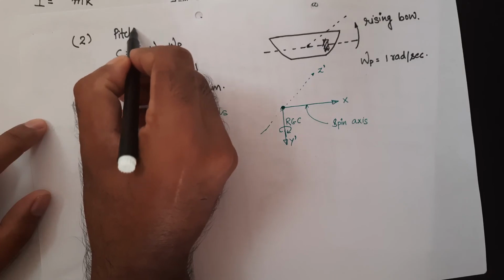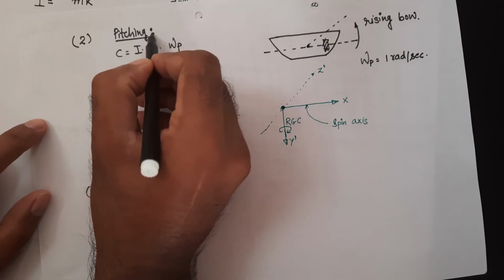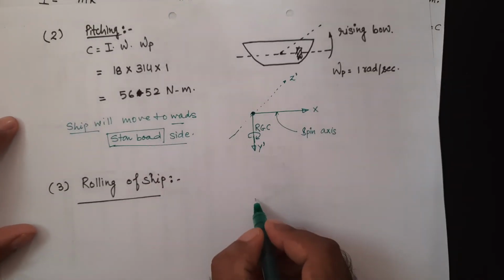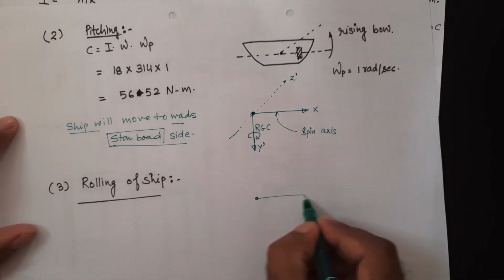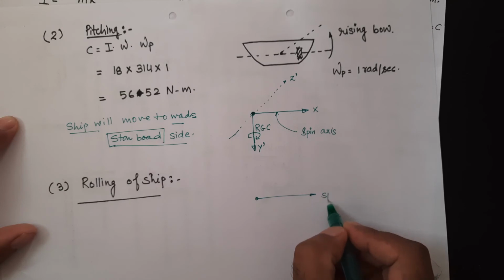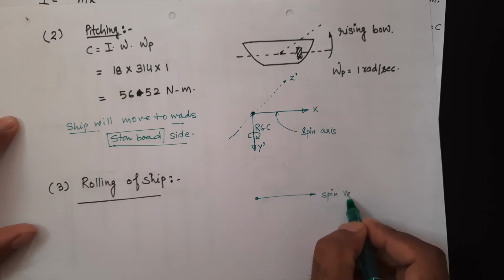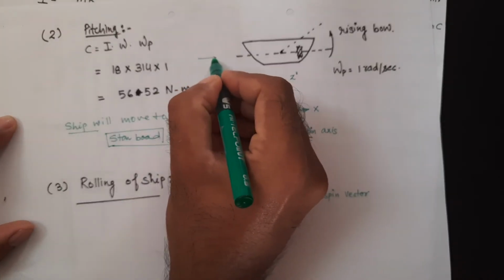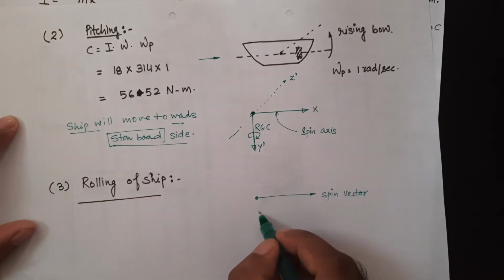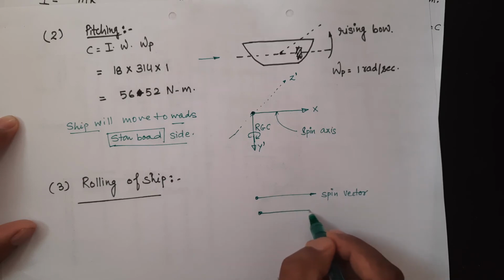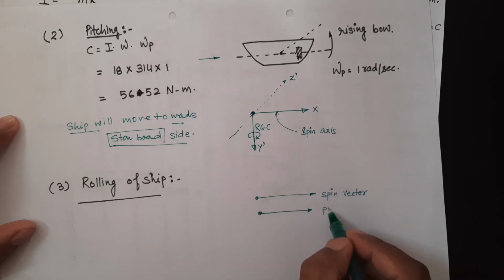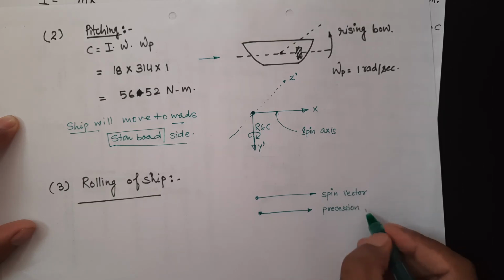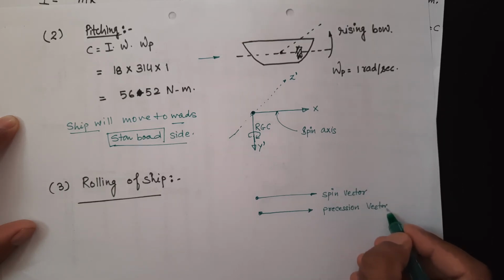In the case of rolling, this will be your spin vector, and looking from the rear side, your precession will also be in the same direction, along the spin vector.